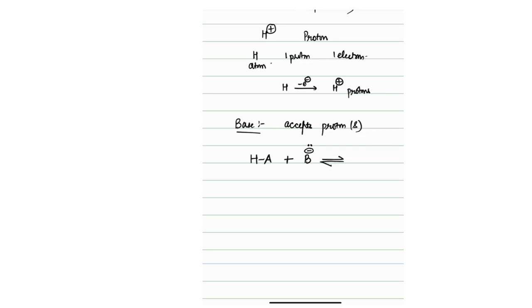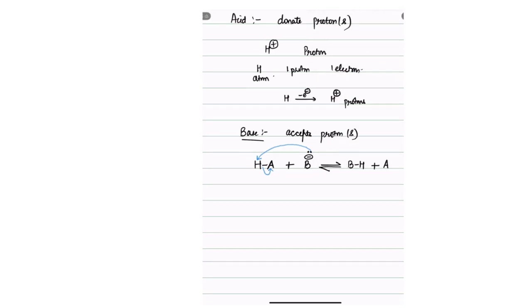B has a negative charge, so it attacks the H positive, and the electrons which are shared between hydrogen and A are pushed onto A. Since B is negative, it takes H as a positive ion, not the electrons of H. So what we get is BH plus A. These electrons, highlighted in pink, are pushed onto A. One of the electrons was already from A, the other is coming from H, so that's why A develops a negative charge.